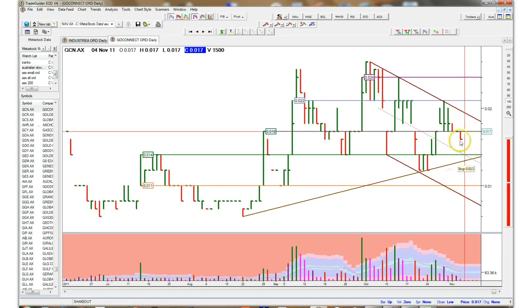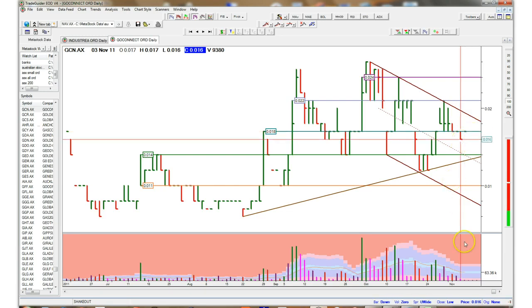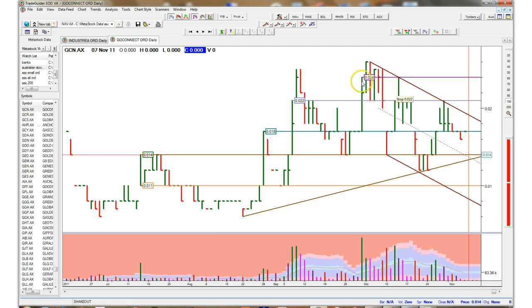But they haven't really taken it up, they just haven't been interested. That's why you've got low volume, and that will just keep rolling until they do become interested again. And that's starting to look more and more like some distribution in the tops there. But anyway, that's GCN.